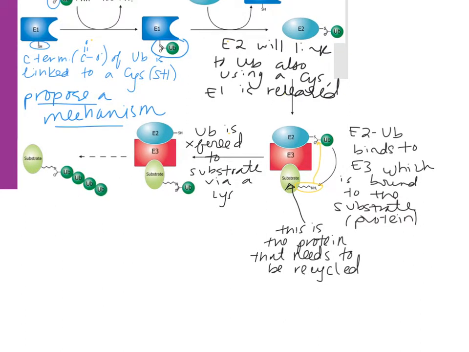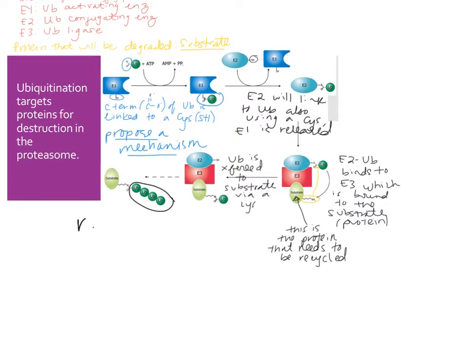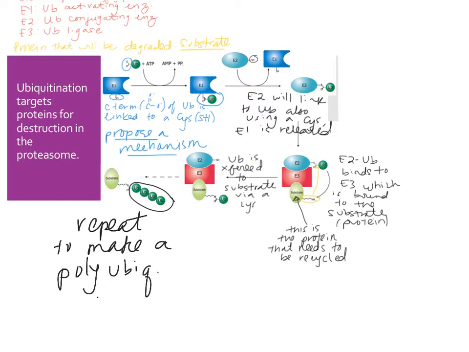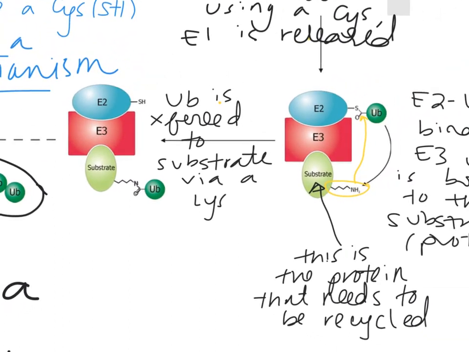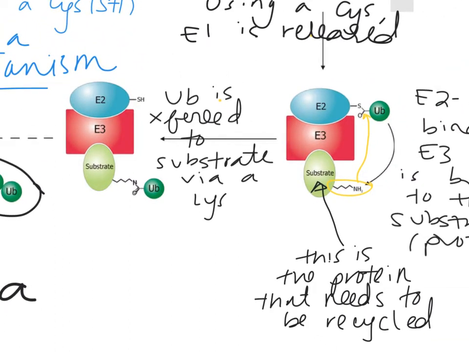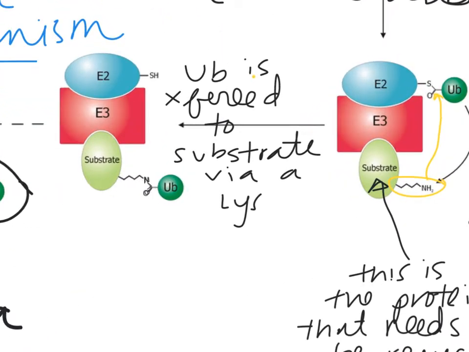And then in order for this substrate or this protein to be completely degraded, they actually have to put many ubiquitins on. So you're going to repeat the cycle to make a polyubiquitin chain. And what I'm going to say about this is that the linkage of ubiquitin to ubiquitin is the same.